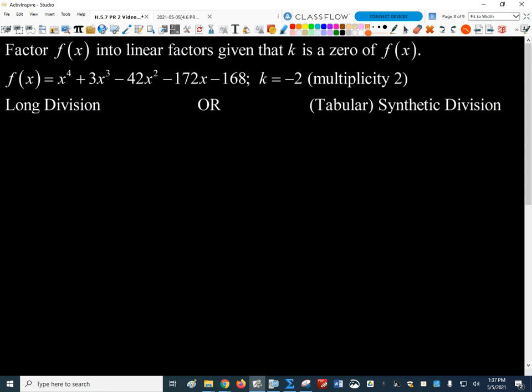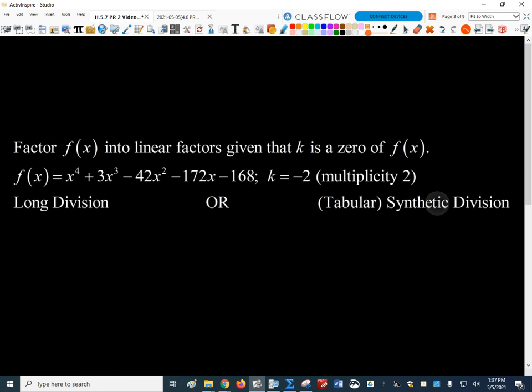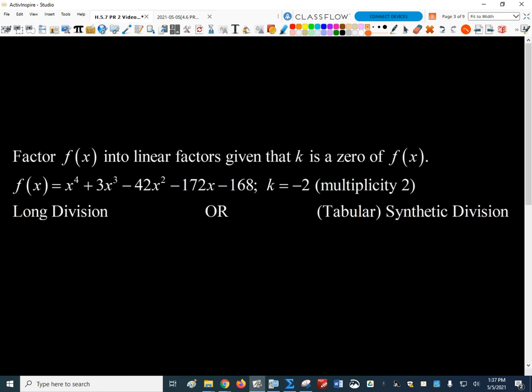Help me out. Okay, good. I'm trying to figure out a good way to represent this in the notes. How about if I do it this way? Very good. If we know k is -2, then we can turn that into a factor using the factor theorem, right?